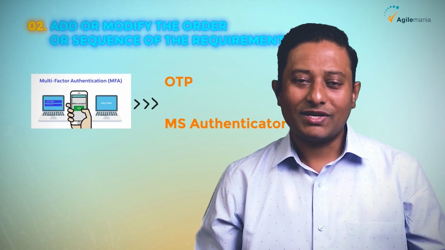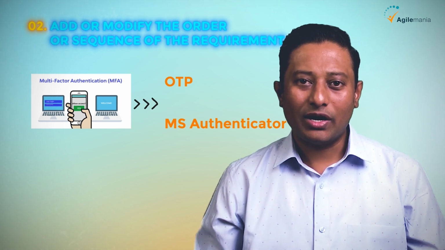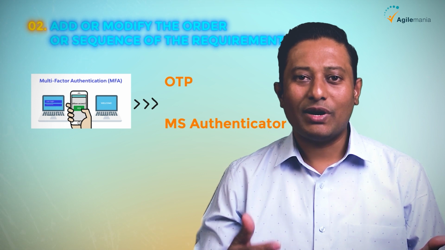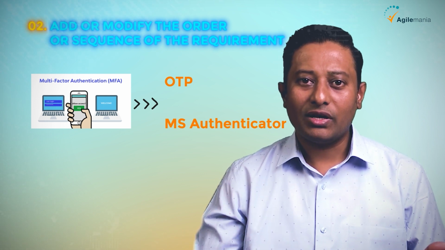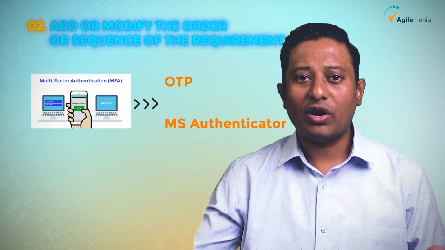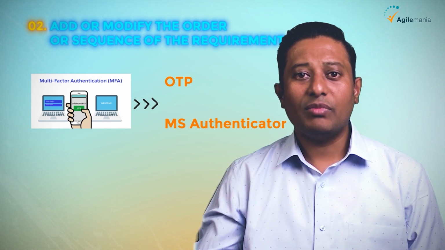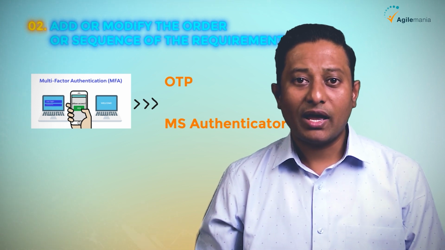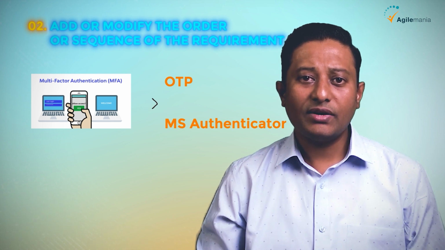Now, although we started with one requirement which was login, now it can be broken down into multiple smaller chunks. Login with multi-factor authentication via OTP, login with multi-factor authentication via MS Authenticator, and so on and so forth.